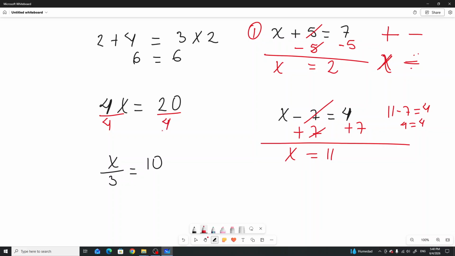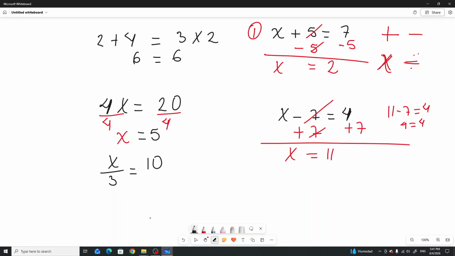Remember that whatever I do on the left, I have to do on the right. So now I divide 4 over 4, and that gives me 1. In algebra, we don't write the coefficient 1. As soon as I have an x, that means 1x. It could represent any item, like one apple, one car, whatever. So now dividing 20 over 4, it gives me 5, you see?